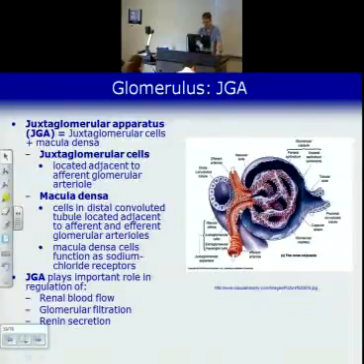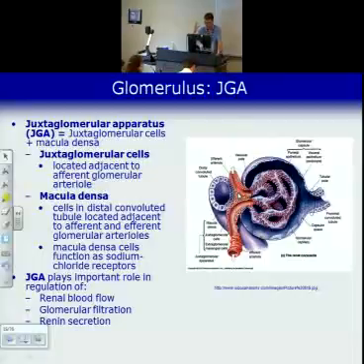But the other beauty of it is this is the distal convoluted tubule. The filtrate came in, makes its merry way around the proximal tubule, around the loop of Henle, and then comes back and passes right next to the entry of this filter system to give some feedback to say, okay, this is what the filtrate looks like.